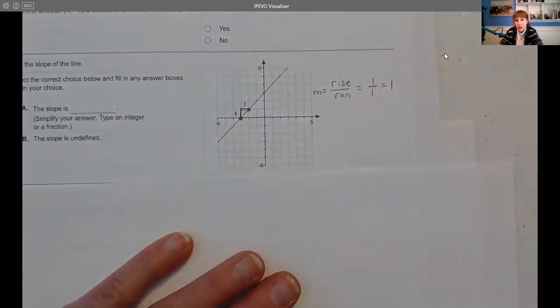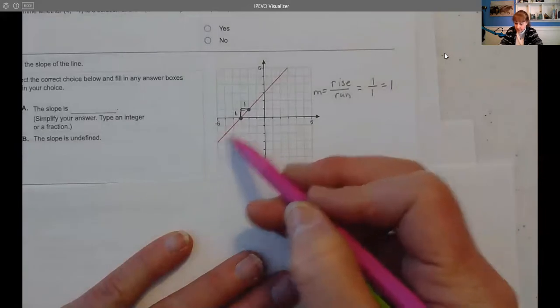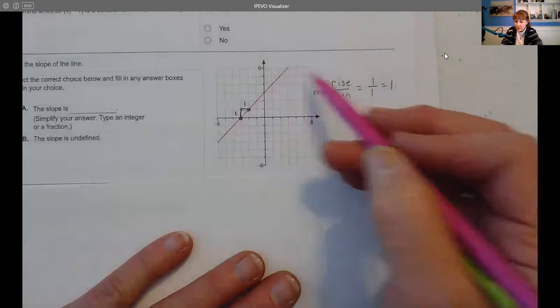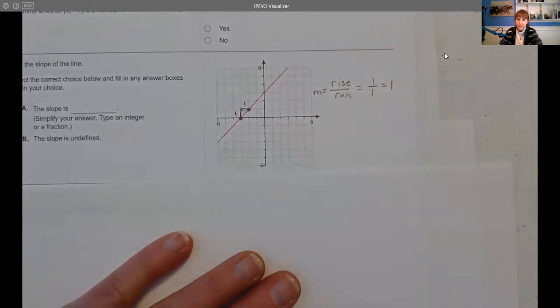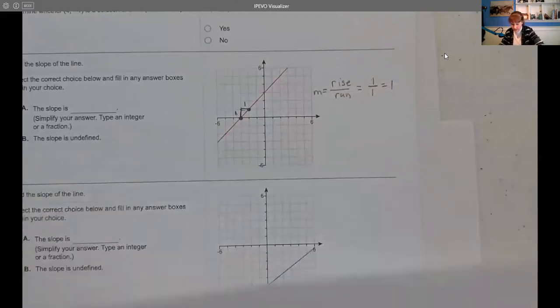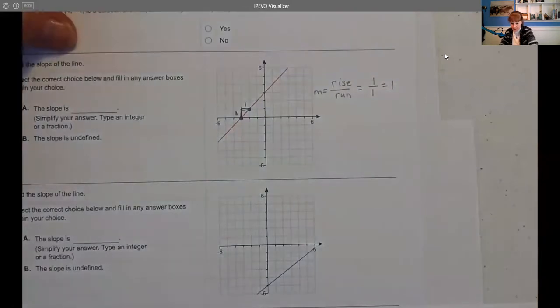The slope is 1. And ask yourself, is my slope positive or is my slope negative? Well, as you read this graph from left to right, you're rising. So it's a positive slope. So your answer is 1. It's just counting grid blocks in order to determine the steepness. So the steepness of this one would be considered a 1. All right, so let's look at another one here.